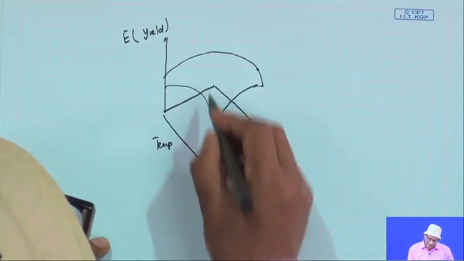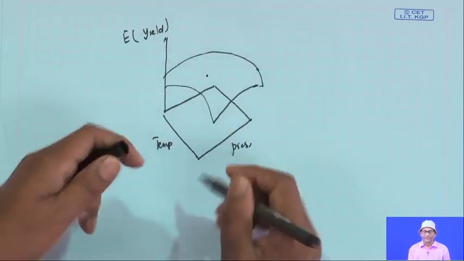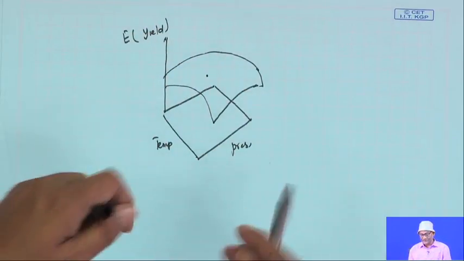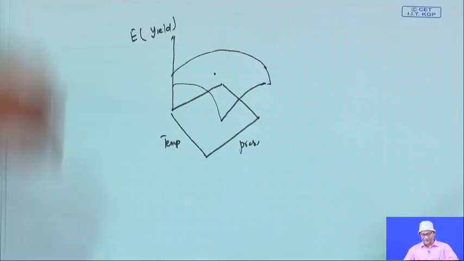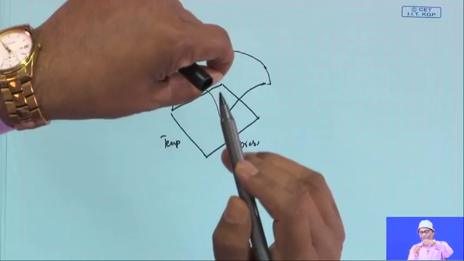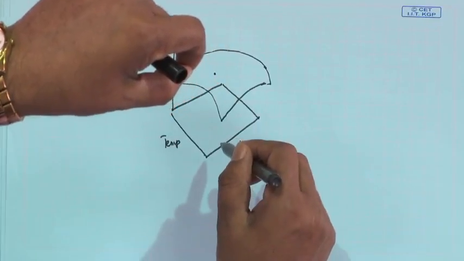Now, if you take any point here, suppose this is my pressure and this is my temperature, and from that point you project, you get the corresponding position there.